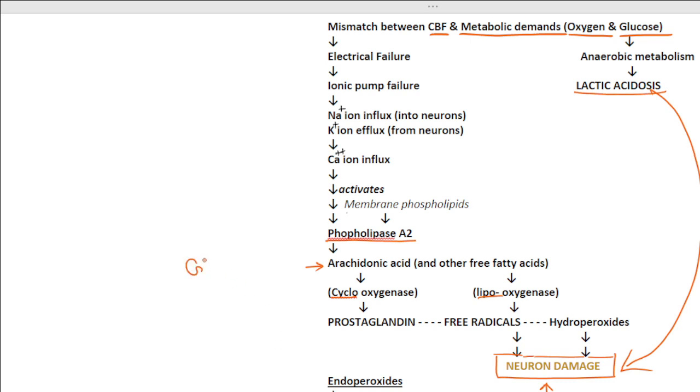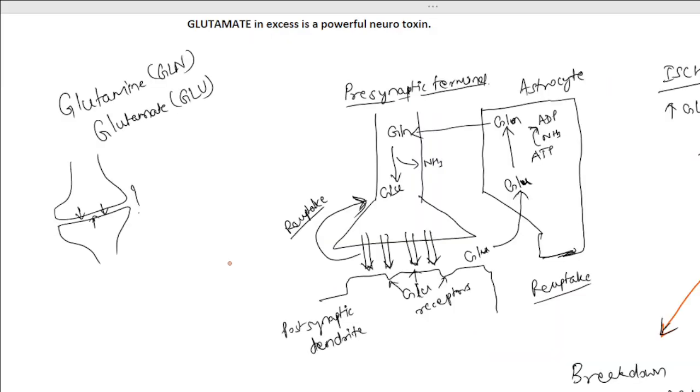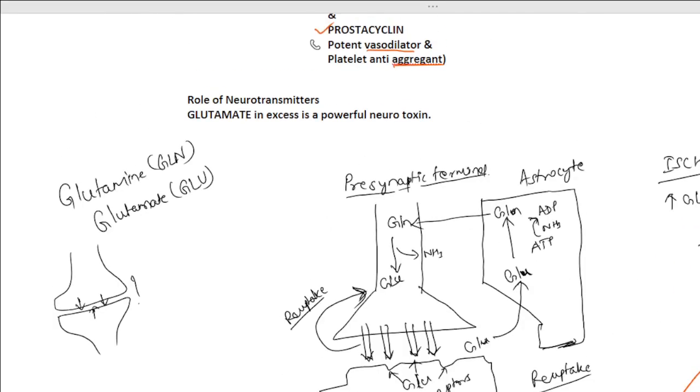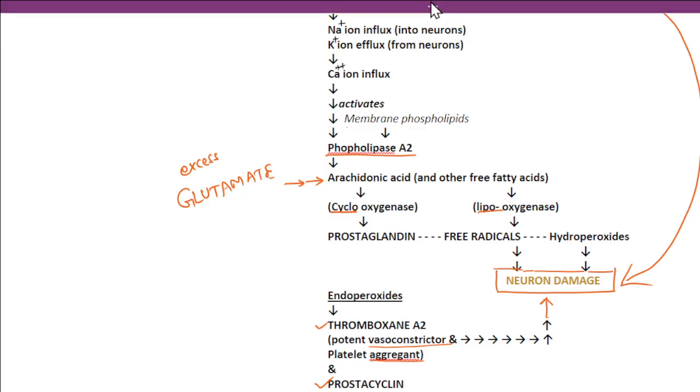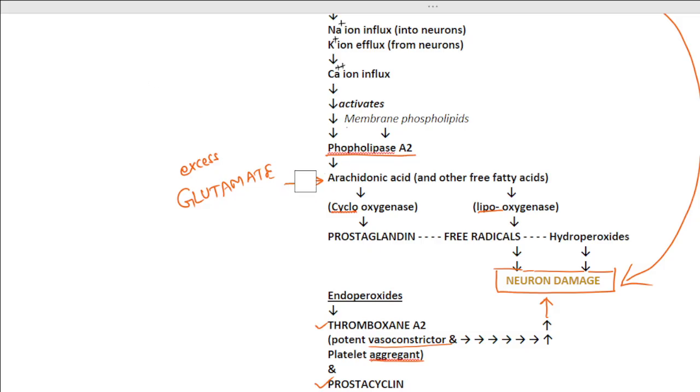Okay, let us glutamate, excess glutamate can cause, now you understood the process, right?